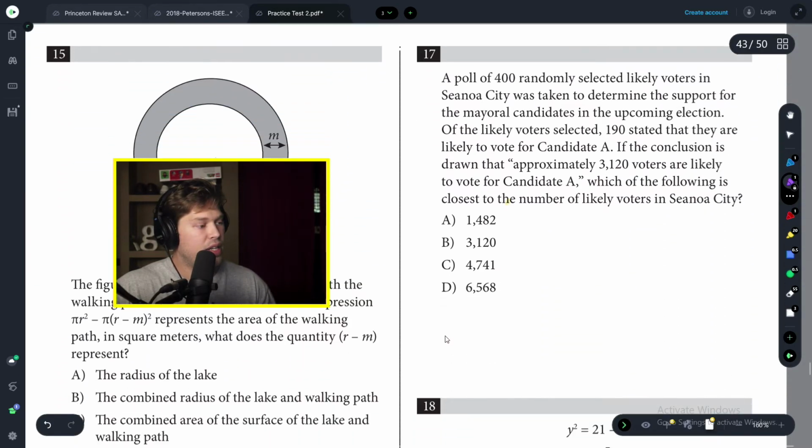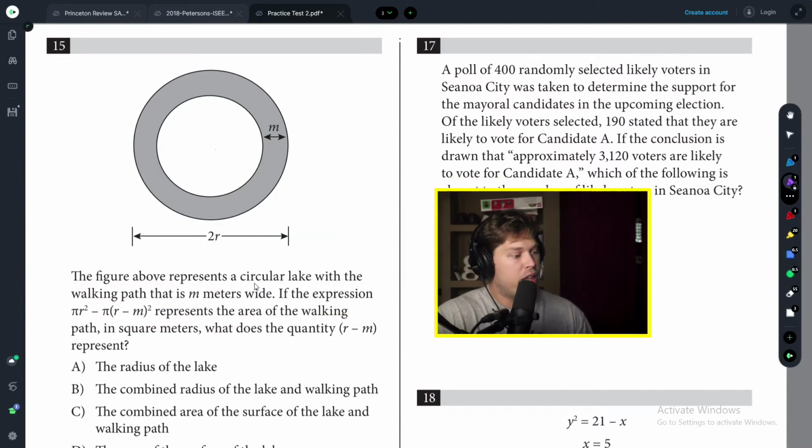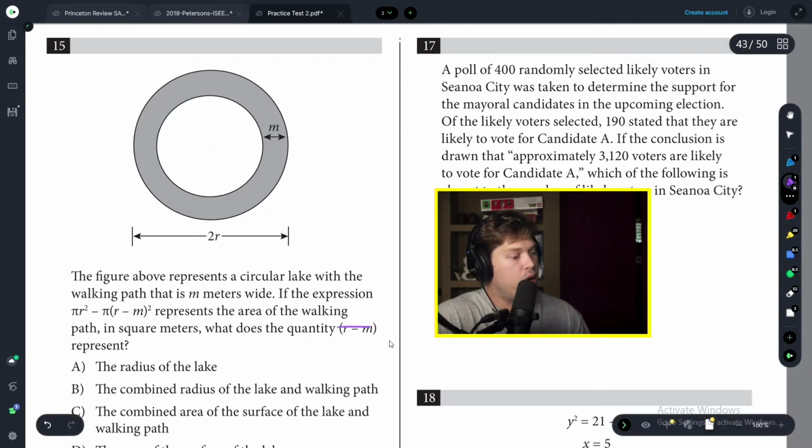Continuing on, number 15. In the figure above, it represents a circular lake with a walking path that is m meters wide. If the expression represents the area of the walking path in square meters, what does the quantity r minus m represent?